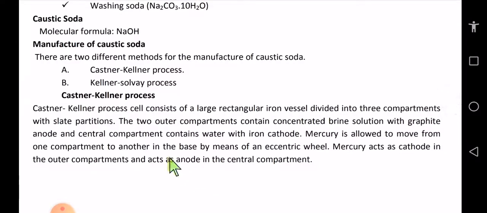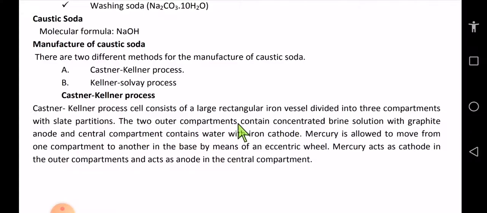Now let's read through. The Castner-Kellner cell consists of a large rectangular iron vessel divided into 3 compartments with slit partitions.